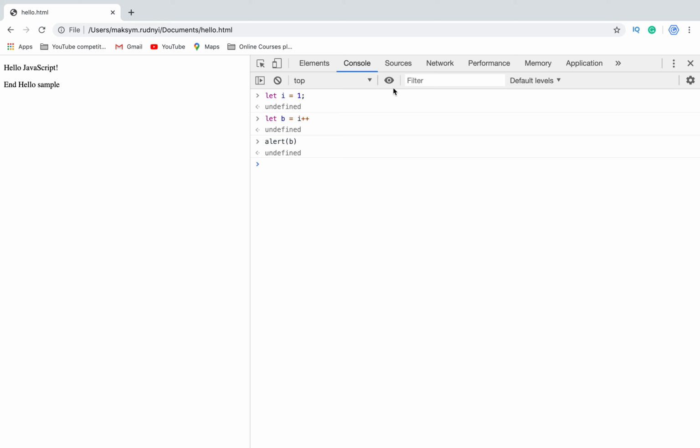The next thing I want to mention is bitwise operators. They are not very popular or often used in JavaScript, but anyway, bitwise operators in JavaScript are the same as bitwise operators in all other languages, but in JavaScript they are not used very often. For example, and, for example, or.